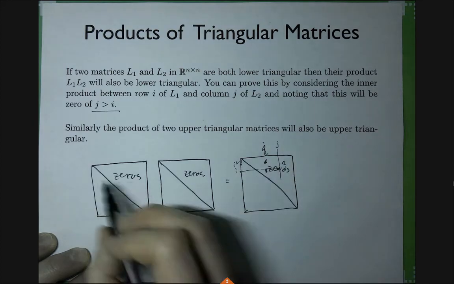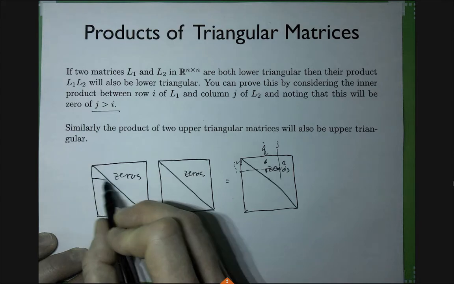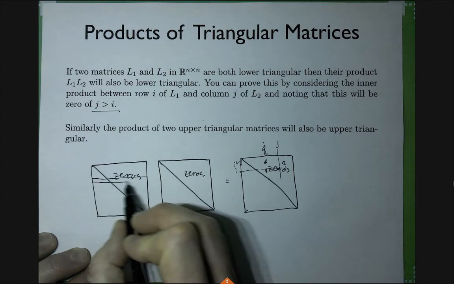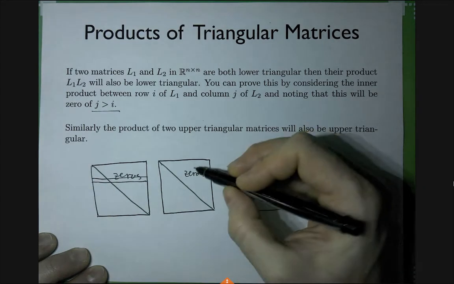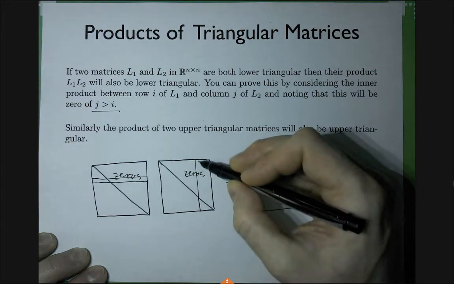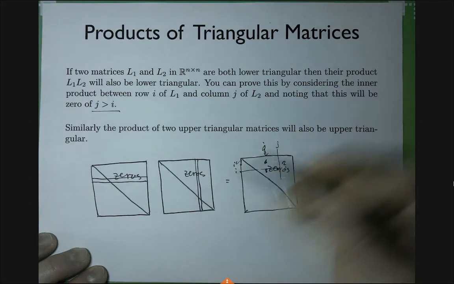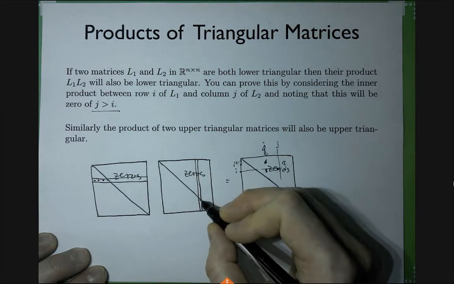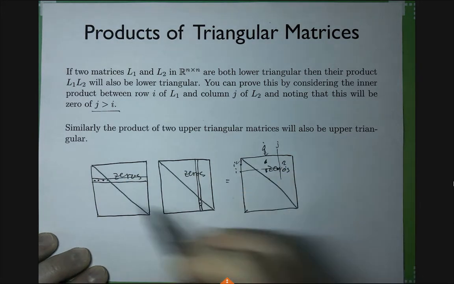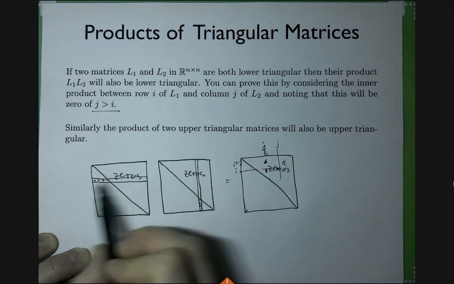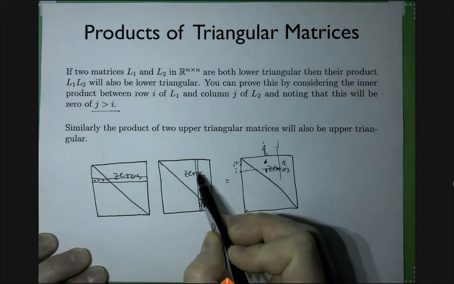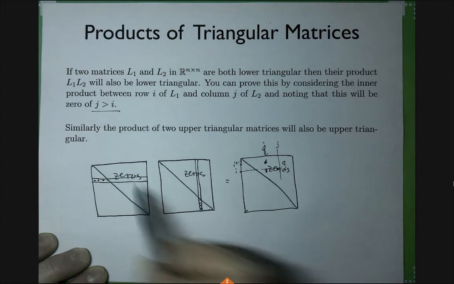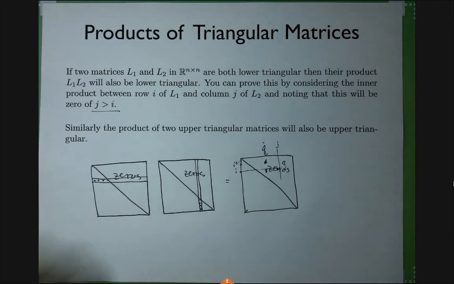What does it mean? Well, that means that I'm taking the ith row from this matrix, right? And the jth column from this matrix, okay? But here the non-zeros can be only here. Here the non-zeros can be here, right? So if I do the dot product, these non-zeros hit zeros here, and these non-zeros hit the zeros here. So the result will be 0, of course.